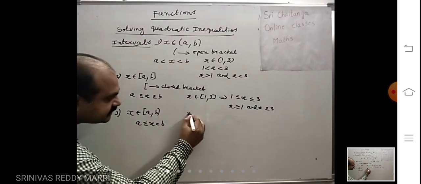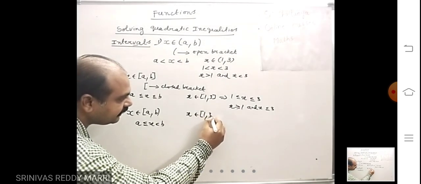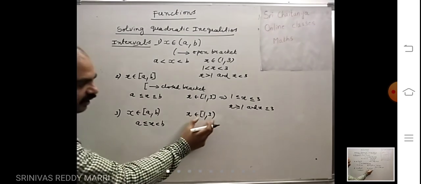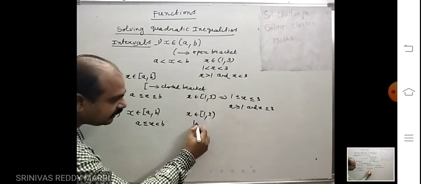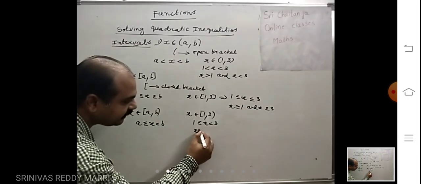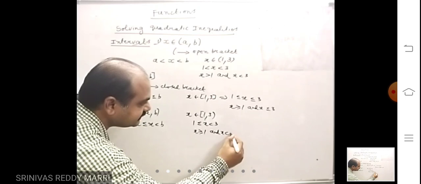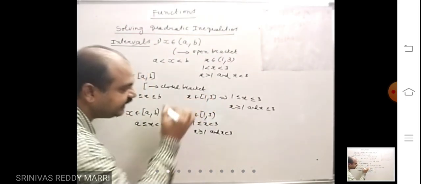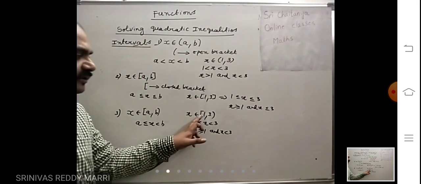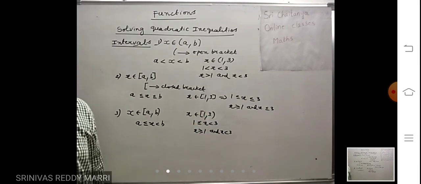That means, suppose it is like this: X belongs to [1, 3). This means 1 less than or equal to X less than 3. That means X greater than or equal to 1 and X less than 3. This interval indicates all the values between 1 and 3, including 1 and excluding 3.